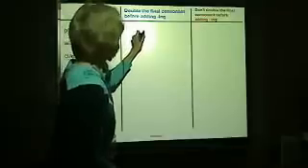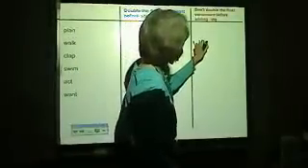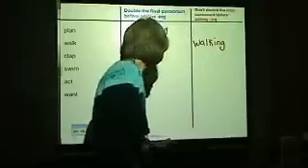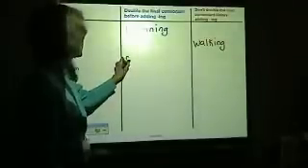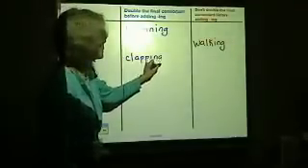Starting with the word plan, planning, P-L-A-N-N-I-N-G. The verb walk, walking. The verb clap, clapping.